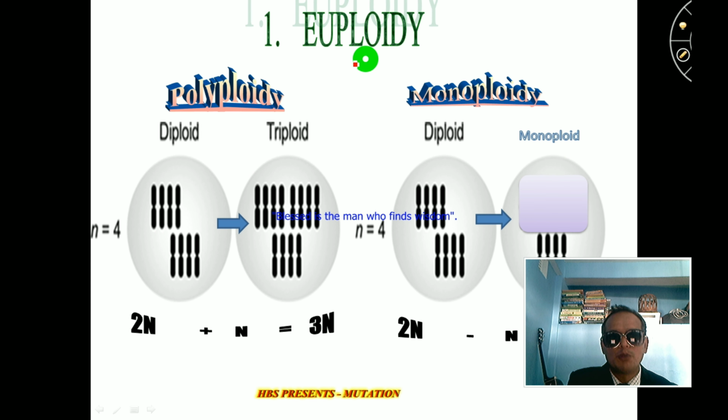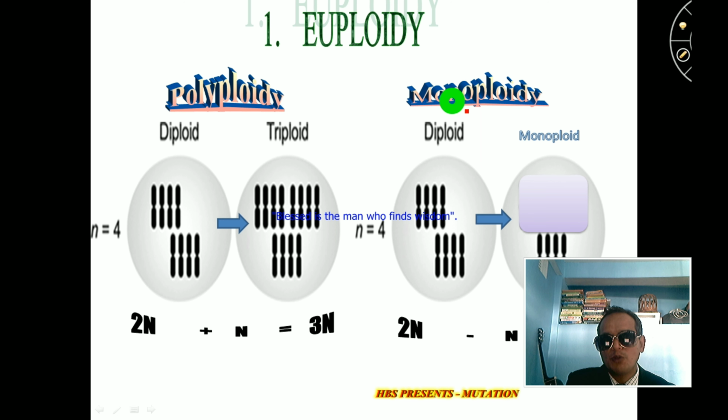So I told you, in euploidy we have 2n number of chromosomes, and when 1n number of chromosomes gets added, it becomes 3n. Sometimes in some organisms, as I told you in the case of wheat, we have 6n, which leads to polyploidy. Whereas in monoploidy, this diagram is so clear, children.